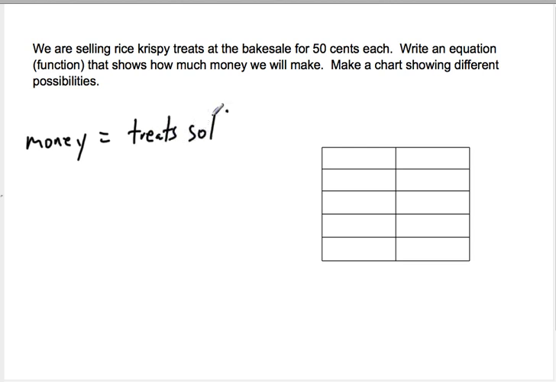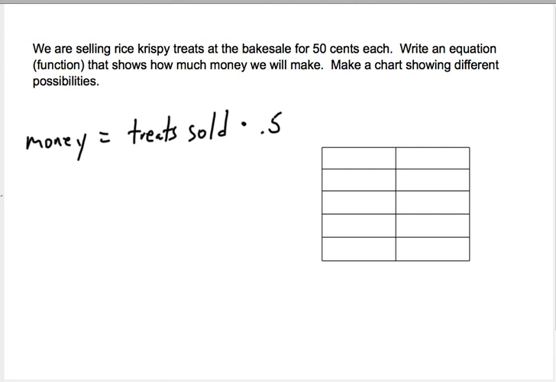So if we sell one treat, we're going to make 50 cents, right? So the treats sold times 50, or 0.5 for dollars, equals the money we make. And so we can label our chart here.